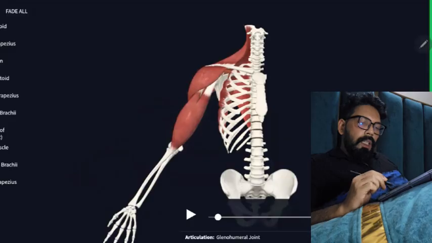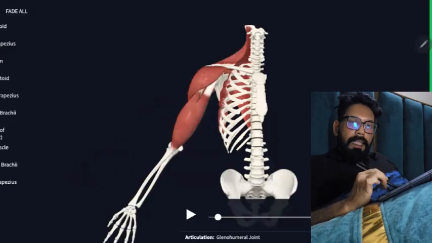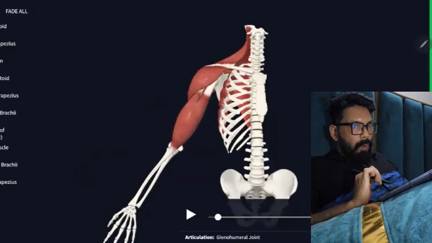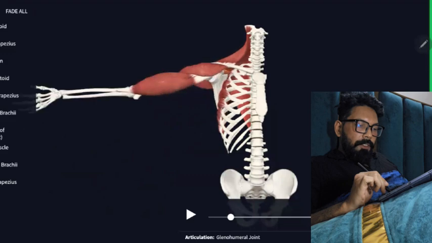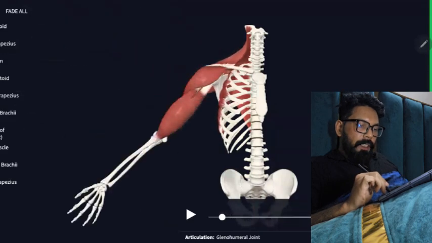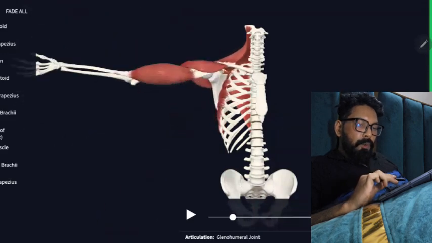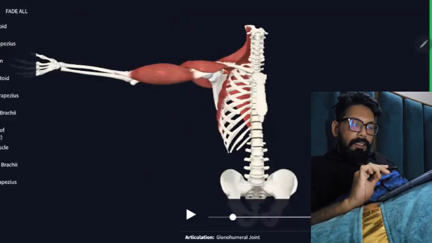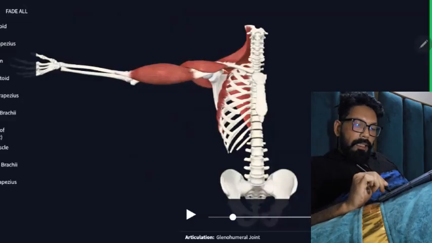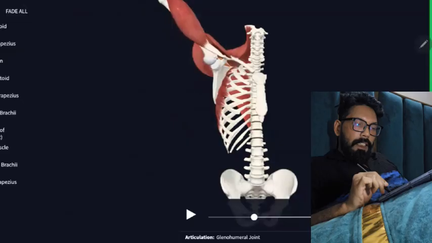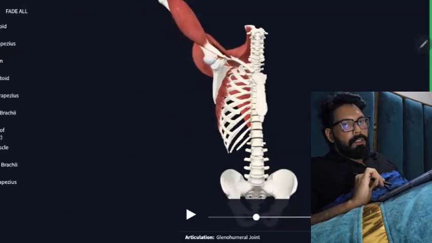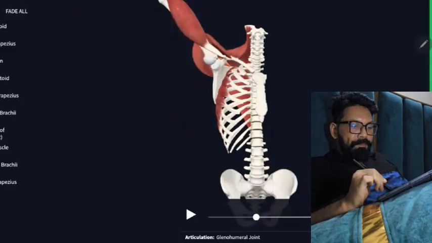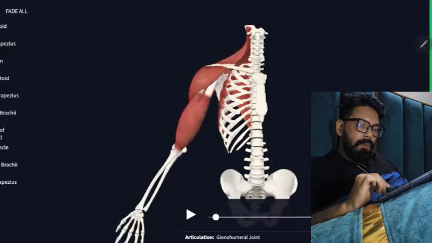Up to 15 degree, supraspinatus will do the work. But after 15 degree, up to 90 degree, this is 88 degree, right? Up to 90 degree, deltoid will work. And then over 90 degree, this part will be done by trapezius. So trapezius will do that.